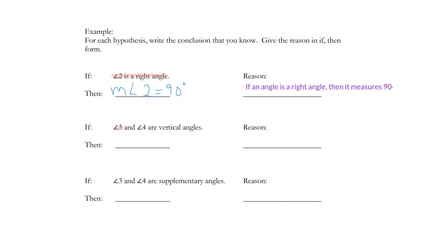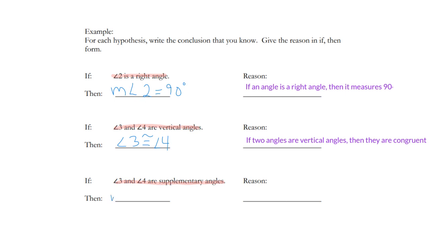The next one, angle 3 and angle 4 are vertical angles. So then what did we know? Well, then we knew that angle 3 is congruent to angle 4. And that's with that if-then statement from the previous screen. If two angles are vertical angles, then they are congruent. And the last one, angle 3 and angle 4 are supplementary angles.